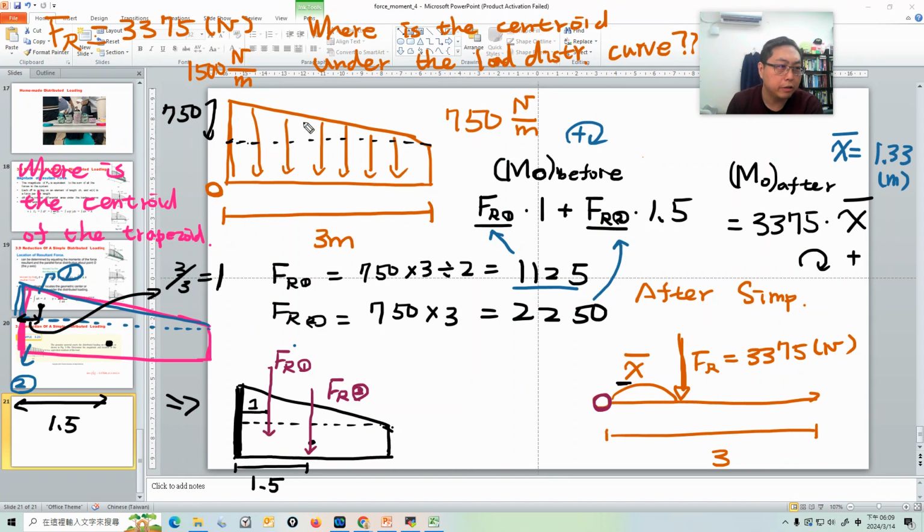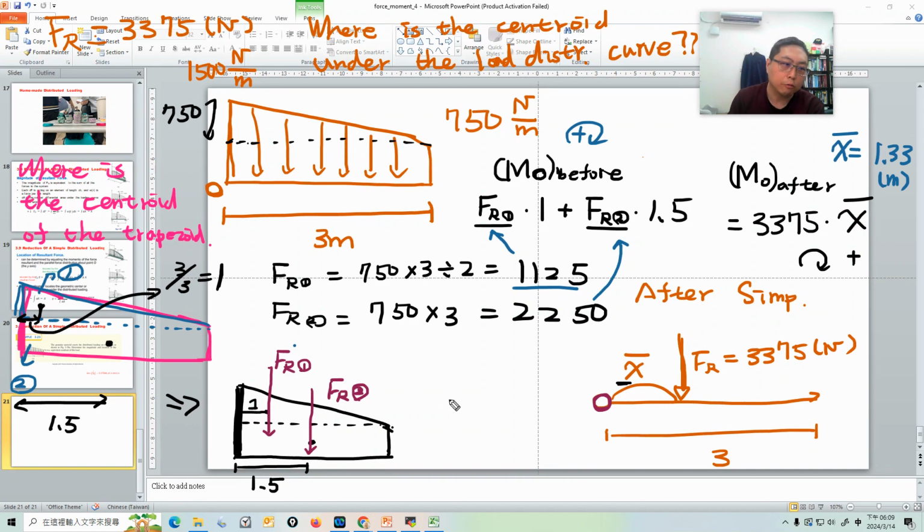Since this is a trapezoid, a complicated shape with a very complicated formula, we can divide it into a rectangle plus a right triangle, whose centroid positions we can easily identify. The centroid position for area 2 is 1.5, and for area 1 it is 1.